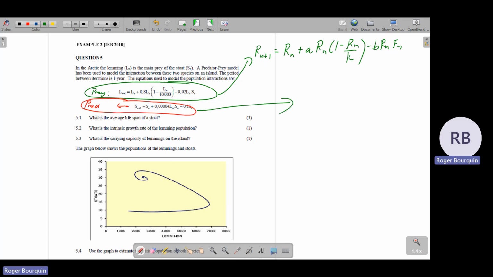And this formula over here is for my predator, which is the foxes: fox n plus 1 is equal to the foxes plus b r_n f_n minus c f_n. So often it's just about matching those two things up.